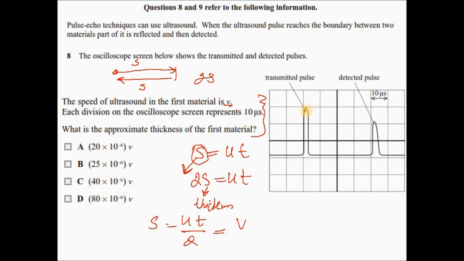If you see, this is transmitted and detected, and you have 1, 2, 3, and 4 squares, and each square is 10.